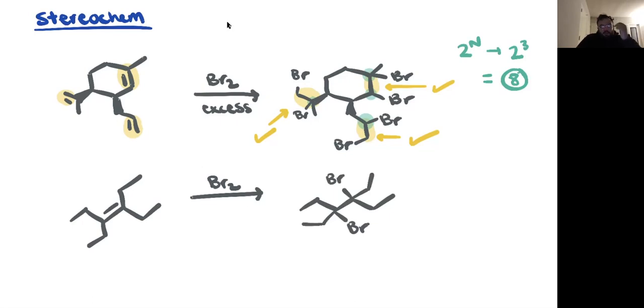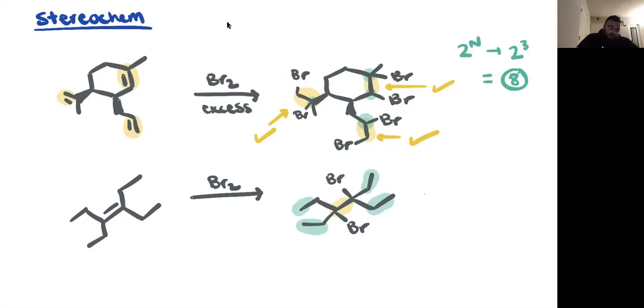Now notice that here we're not generating any new chiral centers, right? You see that there's only 1 place where you add in your bromides, but neither of them are chiral centers because you have 2 ethyl groups, okay? Ethyl group here, and then ethyl group here, ethyl group here.